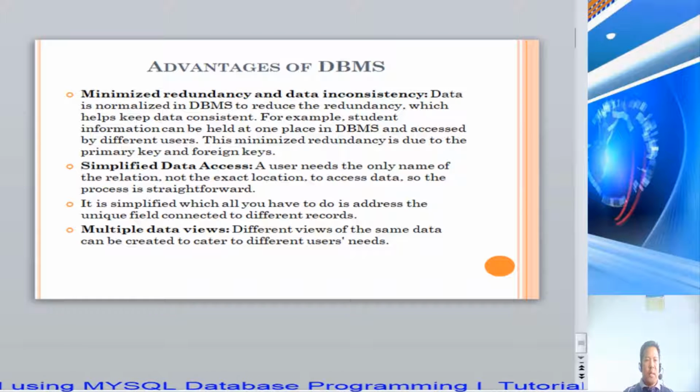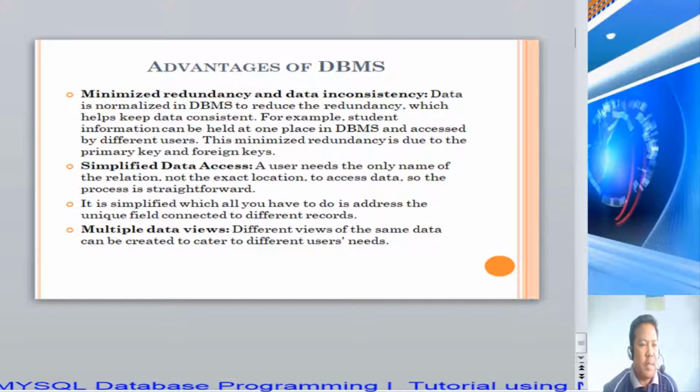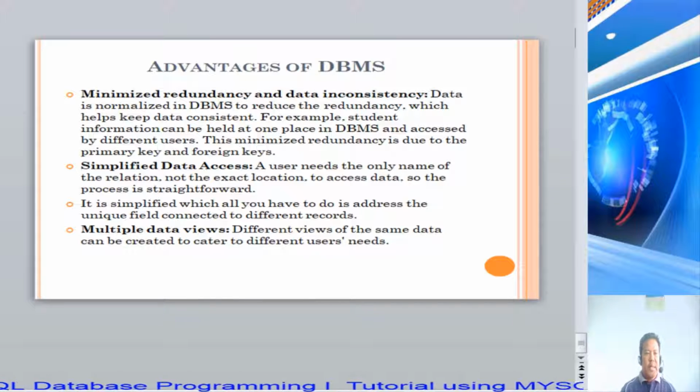For example, student information can be held in one place in the database and accessed by different users. Meaning, using the DBMS, you can store data in a particular table, and that data will not be repeated in another table in the same database. That is why there is minimizing of the redundancy of data.